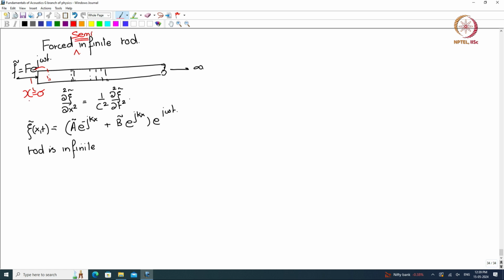So x equal to 0 is here and it extends to infinity, we will call that a semi infinite rod, not an infinite rod. If it is infinite, it will be infinite in the other direction also, so that is not the case. So we will call it a semi infinite rod, okay.